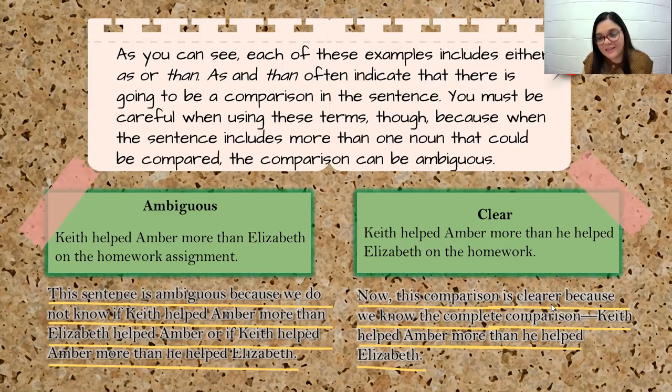Now, in this comparison, it's clear because we know the complete comparison is Keith helped Amber more than he helped Elizabeth. This usually happens as well when we have two nouns, or probably when we are using two proper nouns, or the names of people who we don't know are female or male. And then we are comparing, so we have an obscure pronoun reference, and that makes our sentence a little bit illogical, confusing, or awkward.